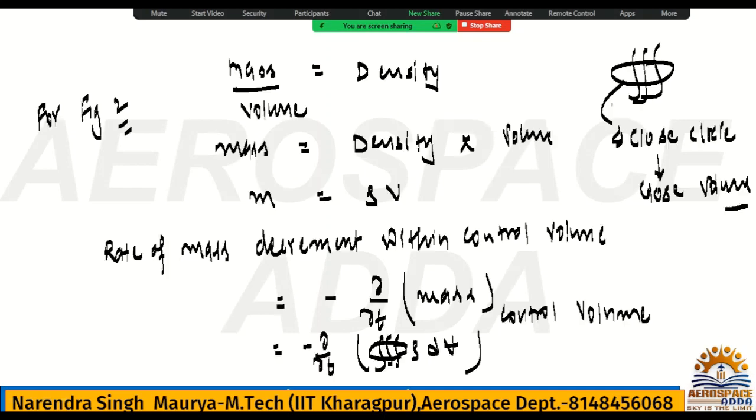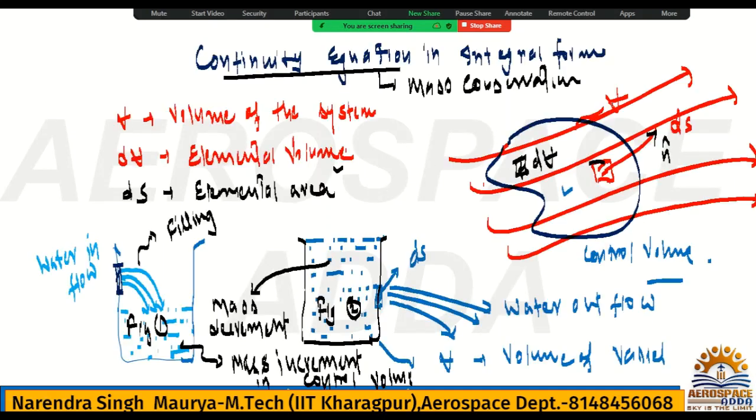Okay, when you are getting decrement, check the diagram, figure 2. When you are getting decrement in the mass of the fluid, why are you getting it in figure 2? Because water is going out. So now the second equation you need to write.